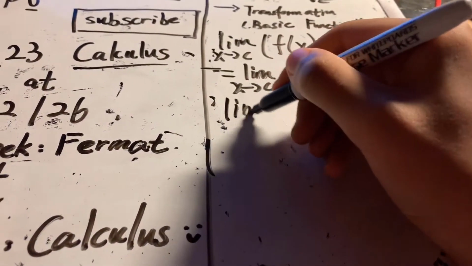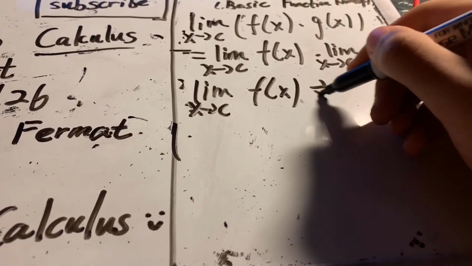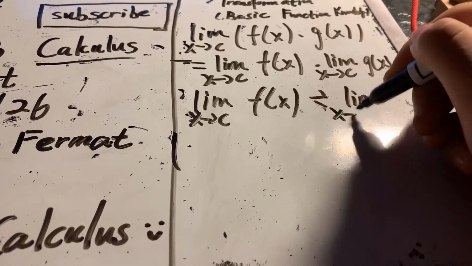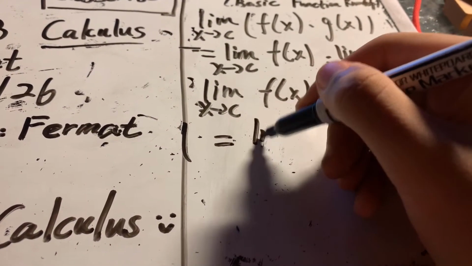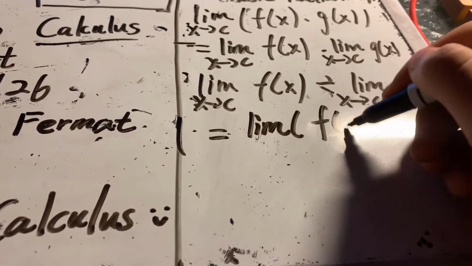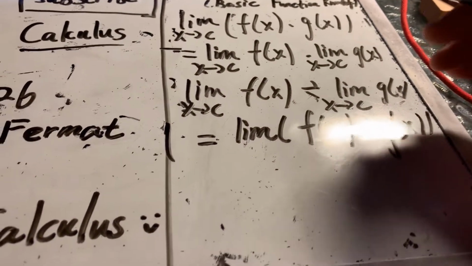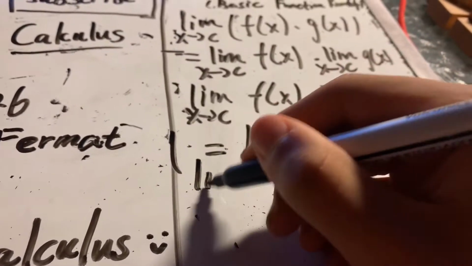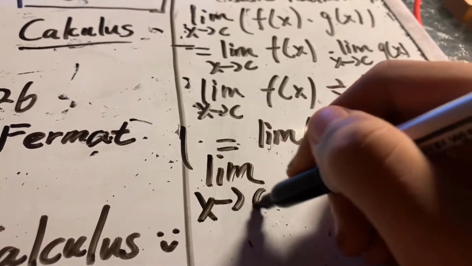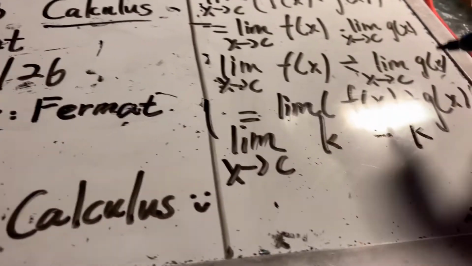And the division rule: the limit of f(x) divided by g(x) equals the limit of f(x) divided by the limit of g(x). And the constant rule: the limit of k equals k.